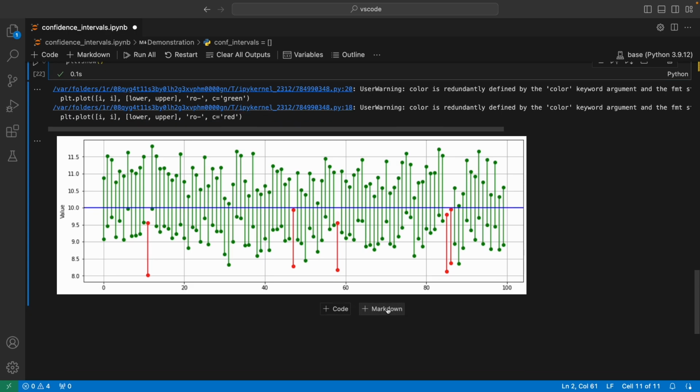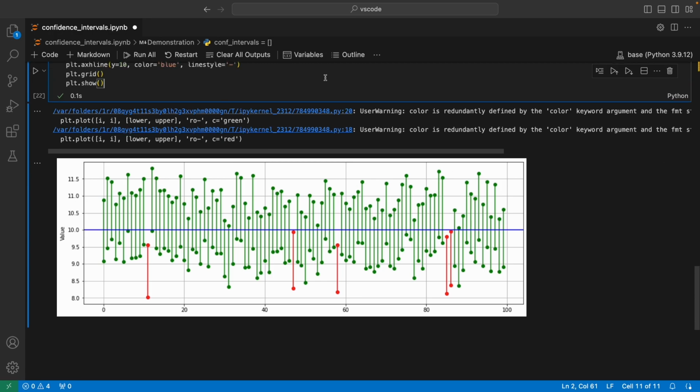So if we look at the results, in this case we have 100 of them, and what we see is that 95 of them, actually in this case exactly 95 of them contain mu, which is 10, and the other 5 miss. And mu is given by this purple line right here. So as long as the purple line passes through our plot of the interval, then we color it green.